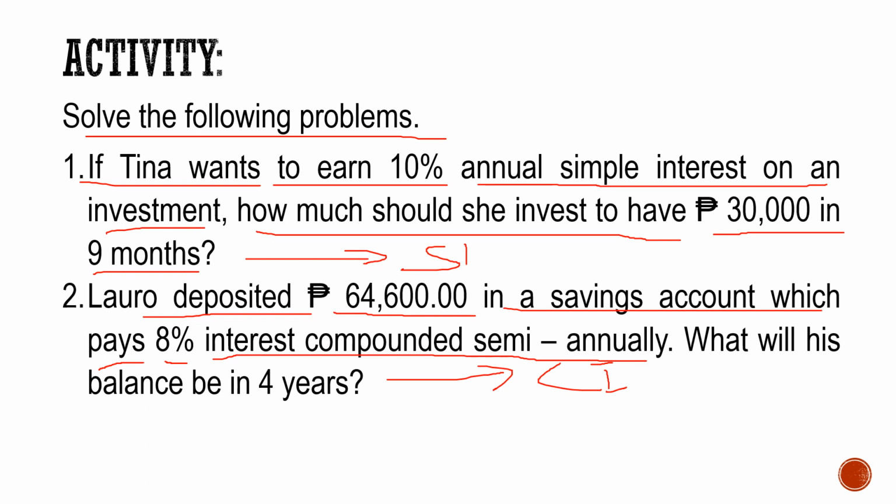When we say compounded semi-annually, it is 6 months, because annually is equal to 12 months, but semi-annually is half of the year, meaning 6 months. What will his balance be in 4 years? By simply applying compound interest, we can compute for this one.